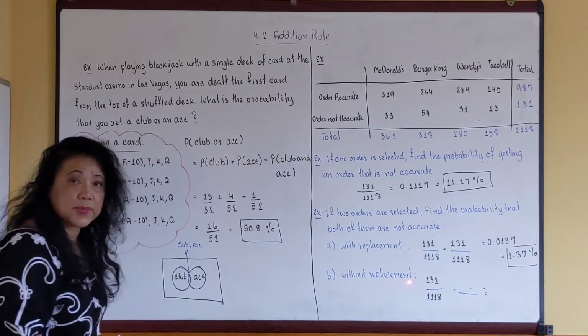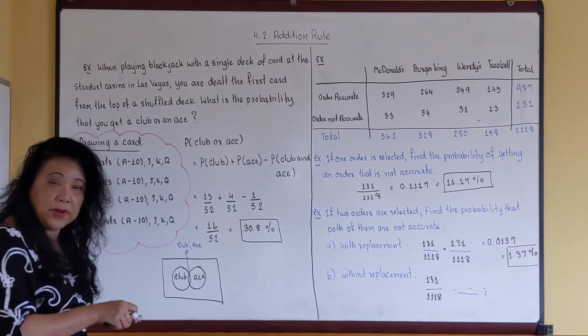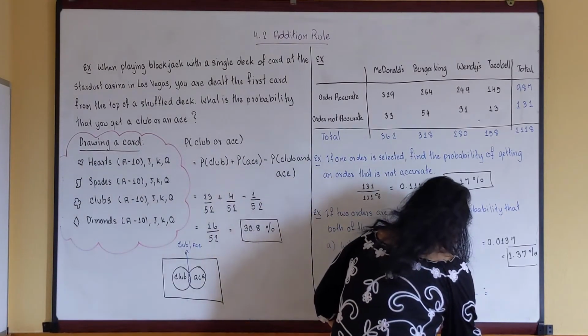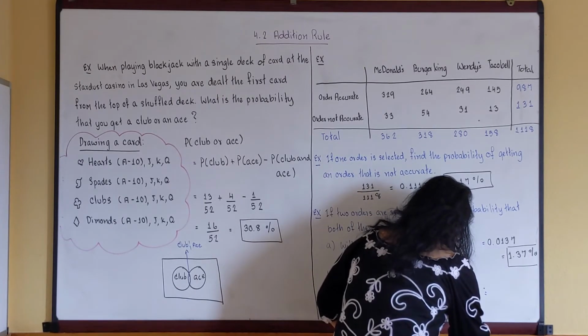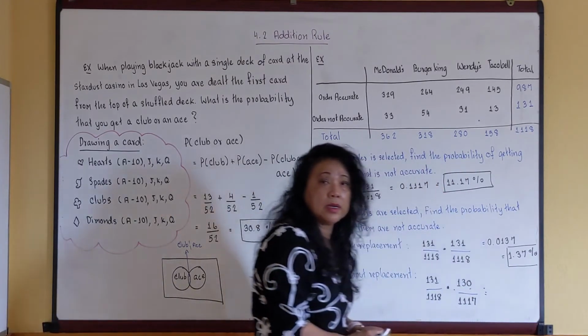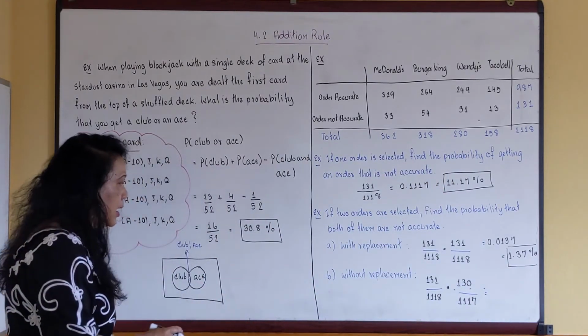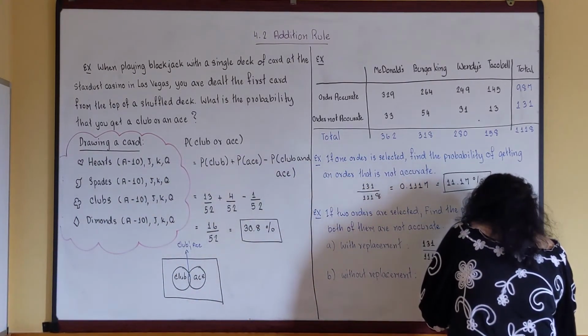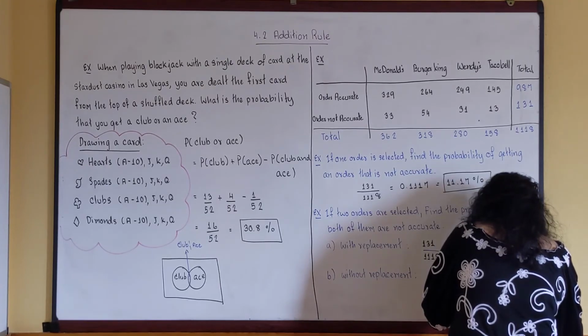Because without replacement, we cannot pick the first one that you already picked again. So the second order will be 130 out of 1,117 left. And if you calculate this, you're going to have about 1.36%.